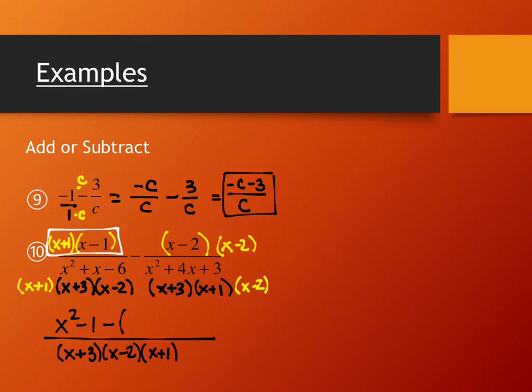Okay? When I multiply this out, x minus 2 times x minus 2, that's not a difference of squares, so I do actually have to multiply it out. X squared. If I do the outside term, I get negative 2x. If I do the inside term, I get negative 2x, so that's negative 4x, and then plus 4.